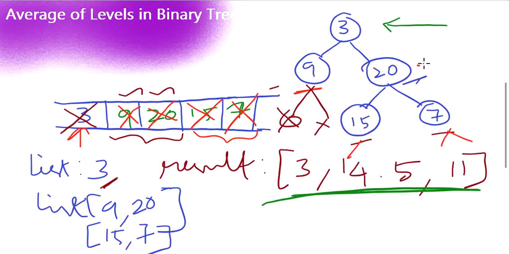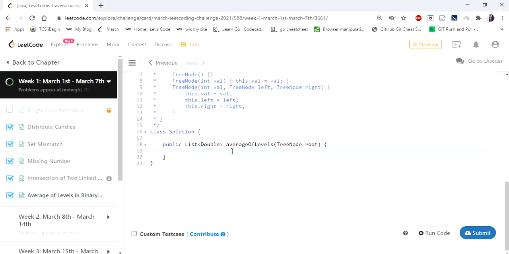So let's dive into our coding part. So yes, in our code we are going to have two lists. One list is a double list, which is our result, we are going to return.